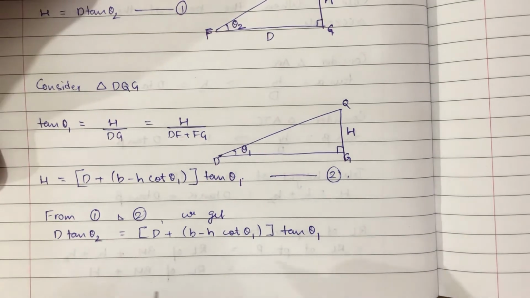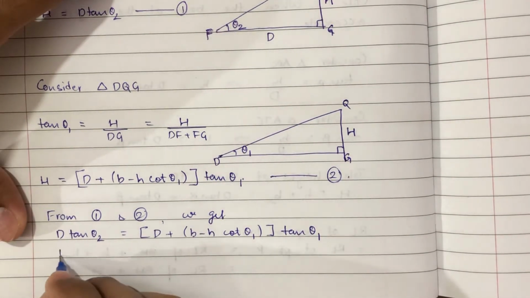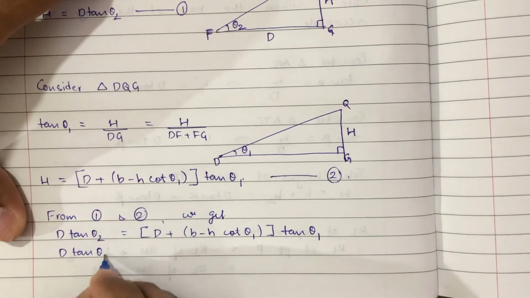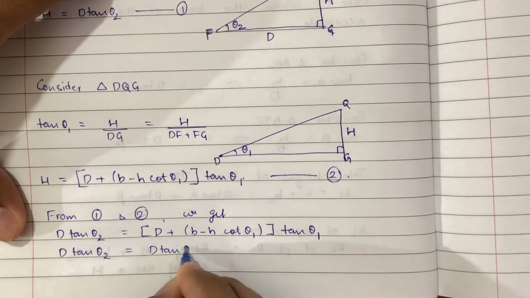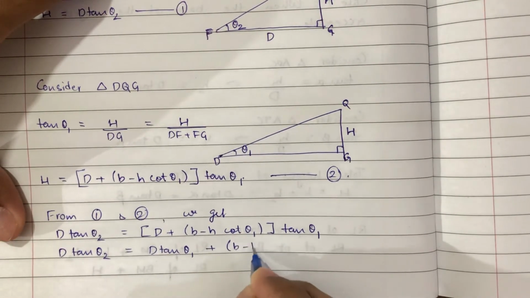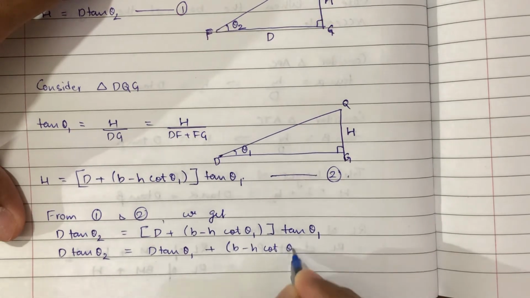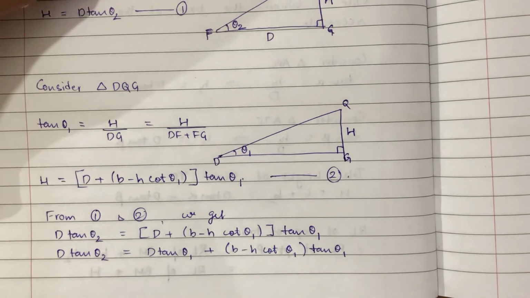Okay. Now if we open the bracket, what we will get? This will become d tan theta 2 is equal to d tan theta 1 plus (b minus h cot theta 1) into tan theta 1.